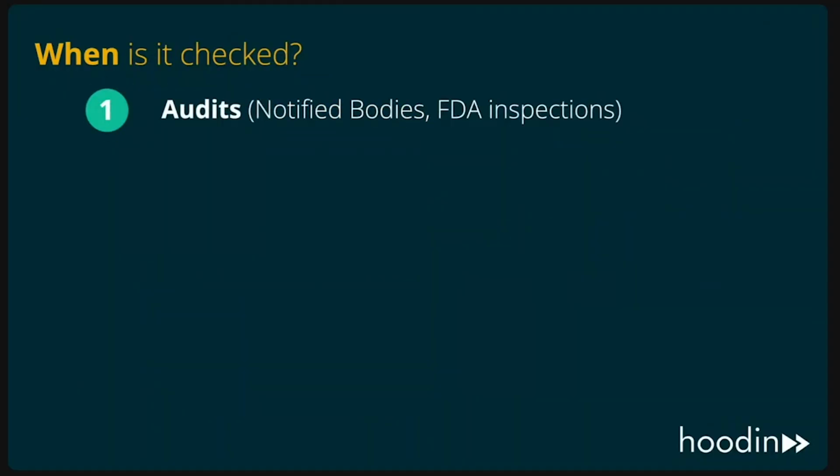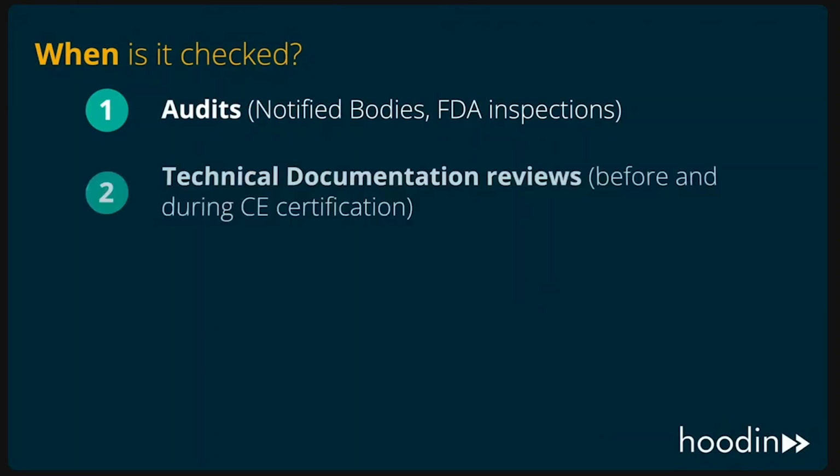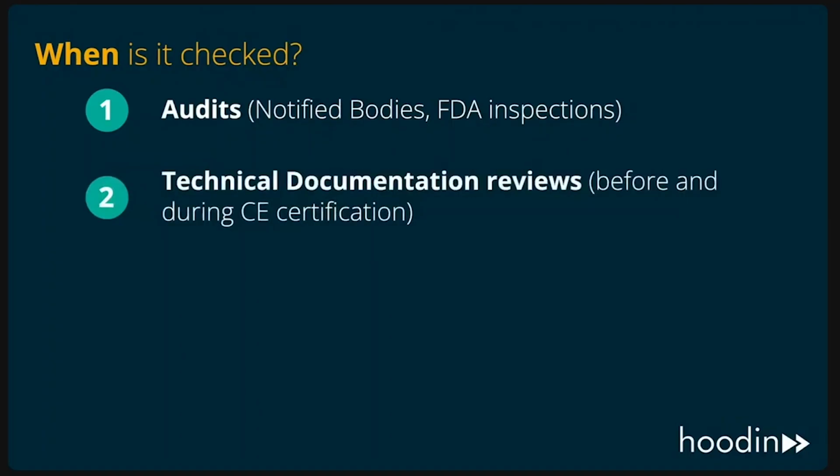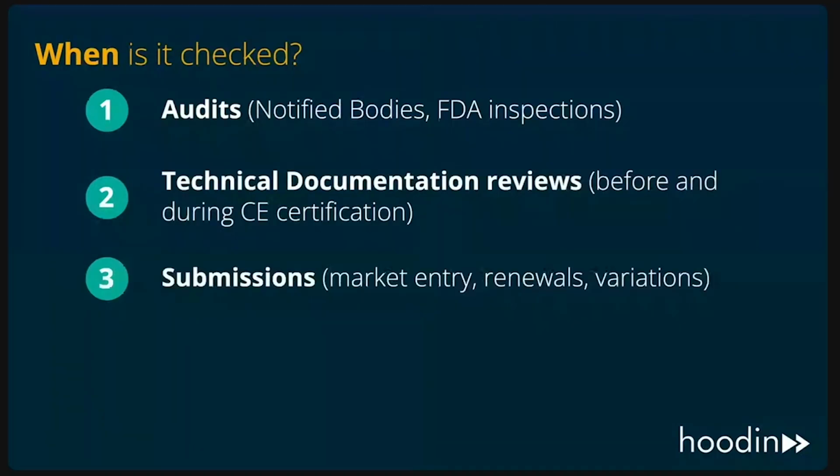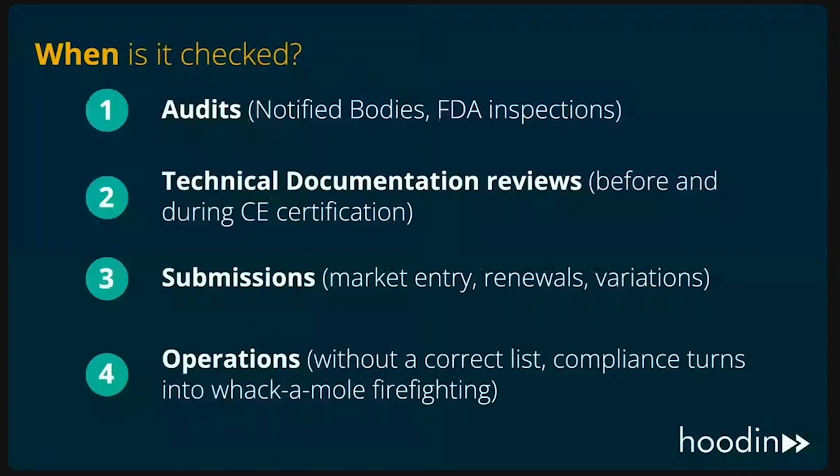Well, audits, that's for sure. Notified bodies and FDA inspections. Whenever there is a TD review, before and after and during the CE certification. Whenever you run a submission for a market entry, renewal or variations. And of course, the fourth one, what I think is very often forgotten, operations, right?